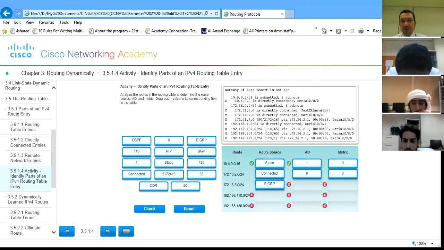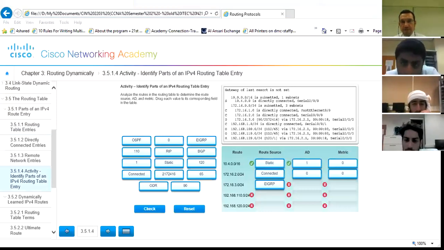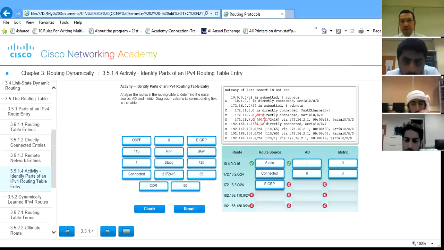What is the admin distance for 172.16.3.0 network? What's the admin distance for EIGRP? Can you read it? Exactly. That's one. Okay, 90.